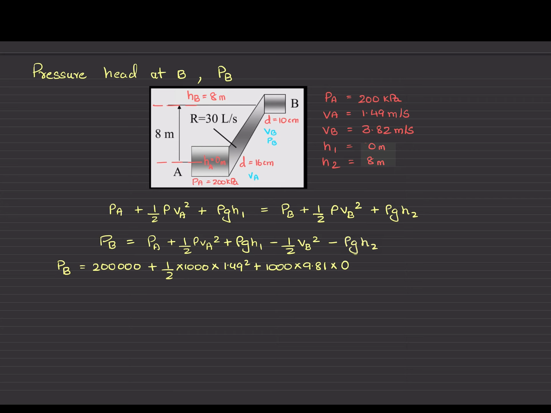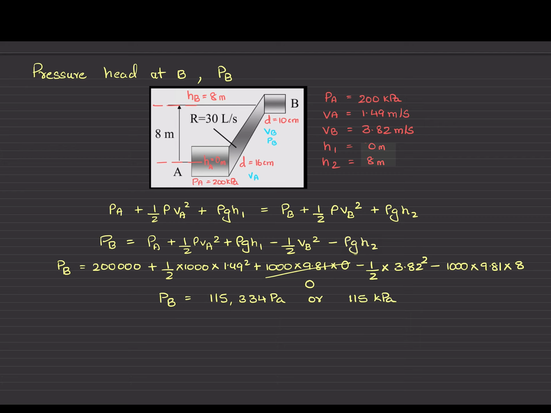So that section will be 0, minus half times 1,000 times VB, 3.82 square, minus rho, which is 1,000, times 9.81 times H2, which is 8 meter. You don't need to plug the H1 term in because if you multiply by 0, you just end up with 0. Input all of these values into your calculator and you will work out PB to be 115,334 pascals or 115 kilopascal.